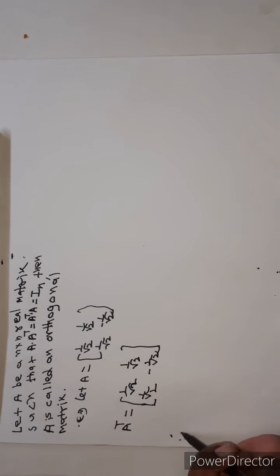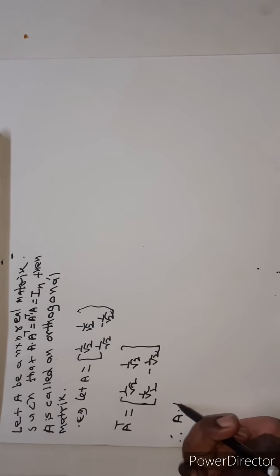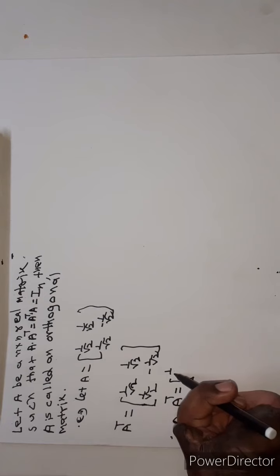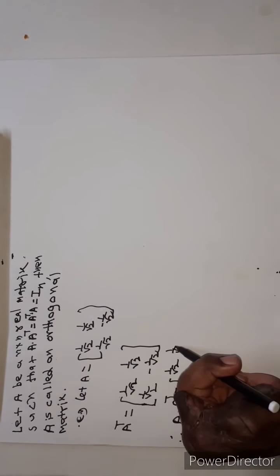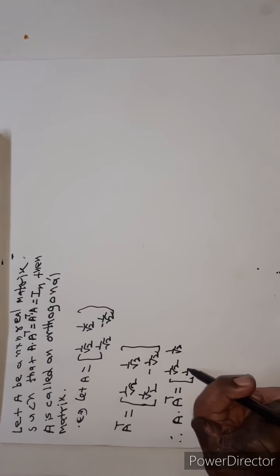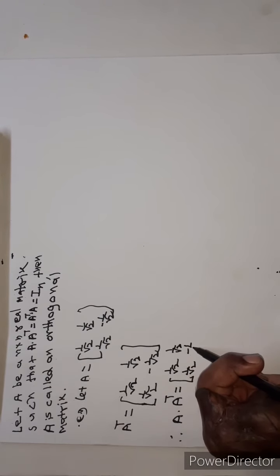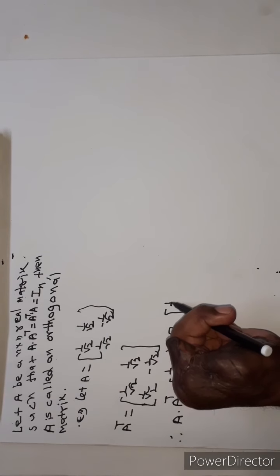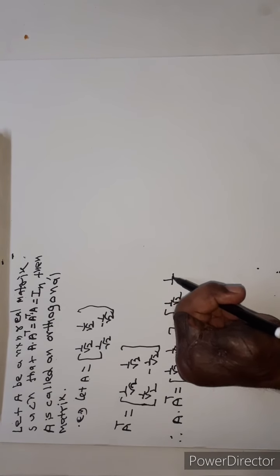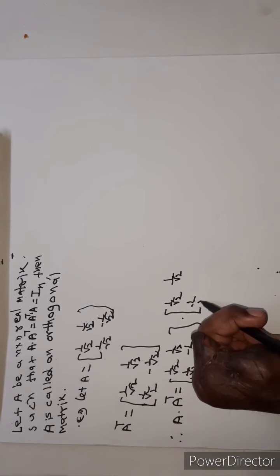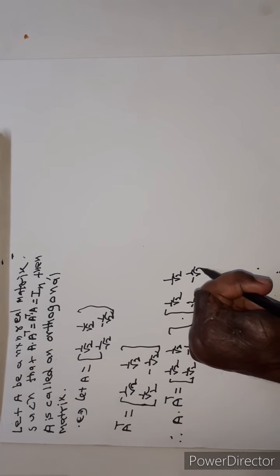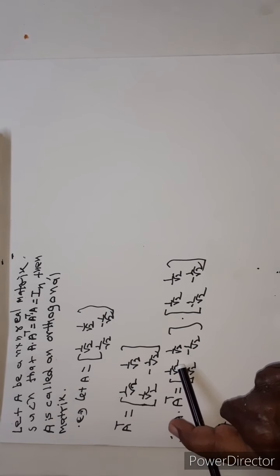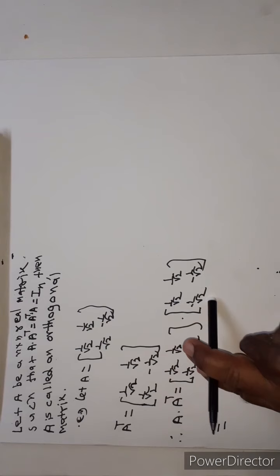Therefore, A into A transpose is equal to 1 by root 2 in the first row 1 by root 2, 1 by root 2, second row 1 by root 2 minus 1 by root 2, into A transpose equal to 1 by root 2, 1 by root 2, 1 by root 2, minus 1 by root 2, is equal to, now see here, we multiply the first row by the first column.